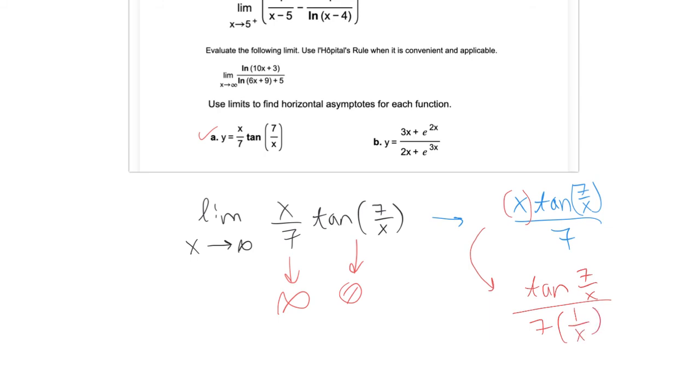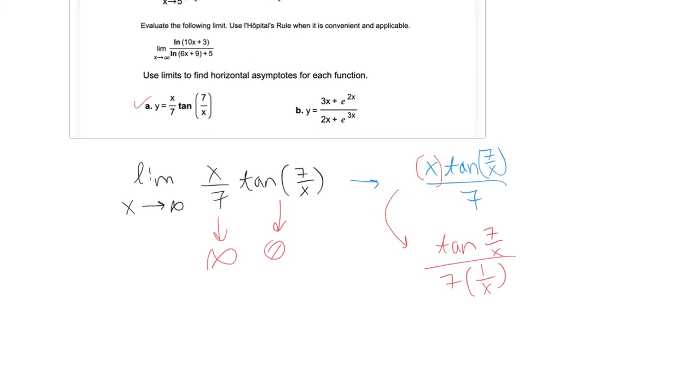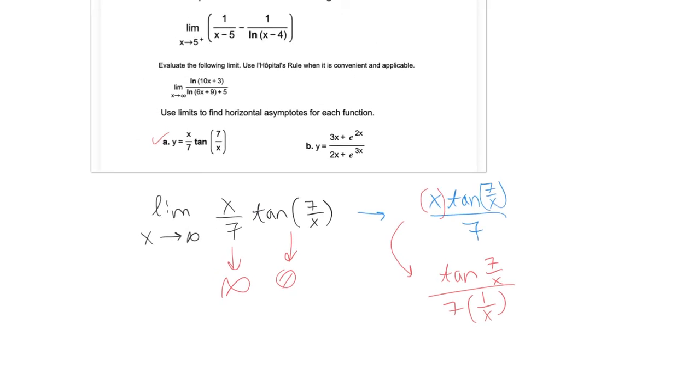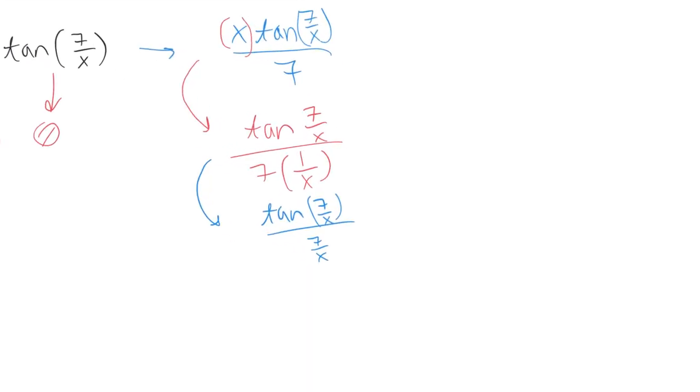Because if you think about it, this divided by 1 over x is the same as this times x, which is what we have here. So that's something to try. That's something to consider. I'm just going to simplify that a little bit. We have tan 7 over x. I'll keep that in parentheses. Over 7 over x. So that's what we're working with.